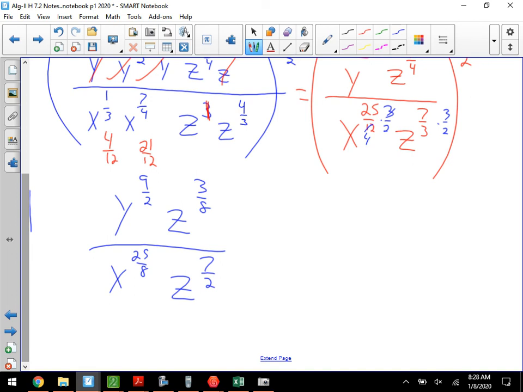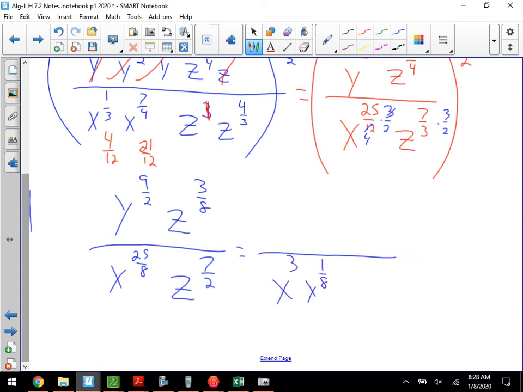Now, within this one, both denominators are top-heavy fractions. Okay, see that? So what we did earlier is we split them into their mixed-number-ish form. How many times does 8 go into 25? 3, and how many are left? 1. So the denominator here is x cubed, x to the 1/8.